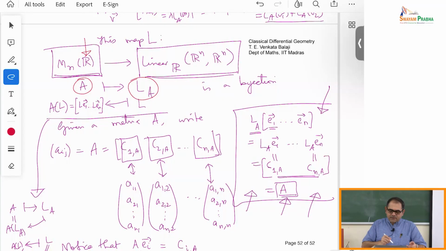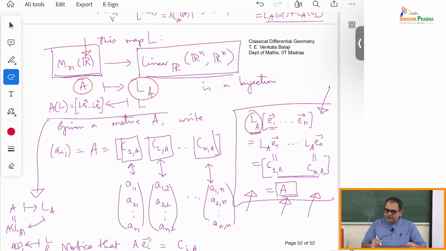You multiply the n by n matrix with this n by 1 column vector, whose entries are exactly the coordinates of the point whose position vector you are looking at. And then here is the important thing for this matrix A. What is the corresponding linear map?